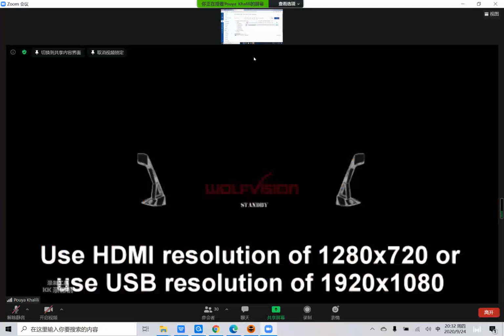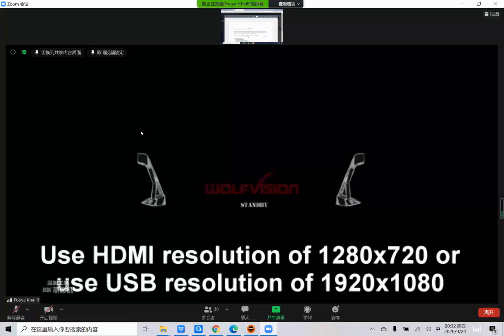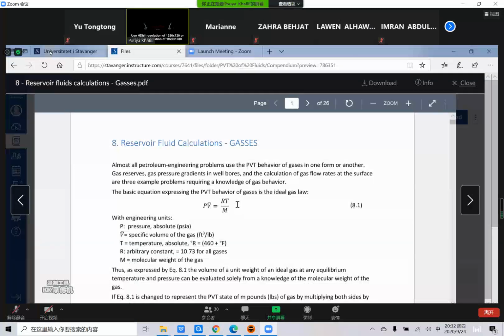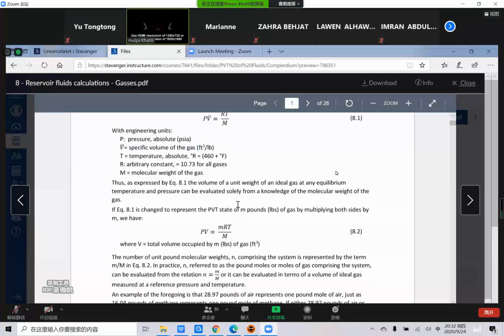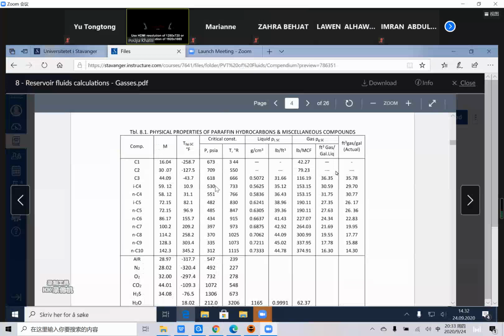Okay, so this is table 8.1. Here you can find the critical temperature and critical pressure over here. Also the molecular weight here, maybe we need that in the next questions.